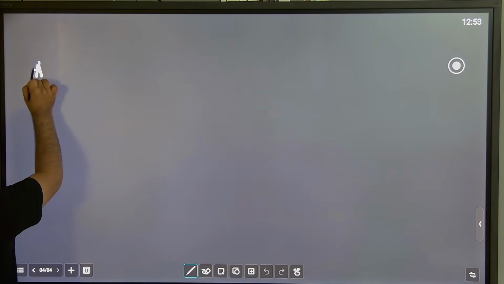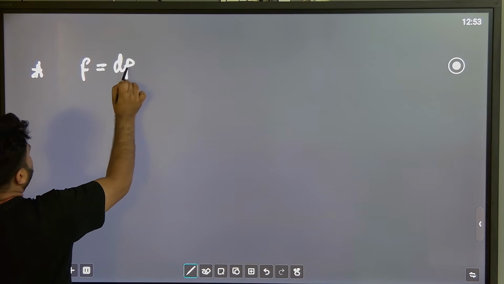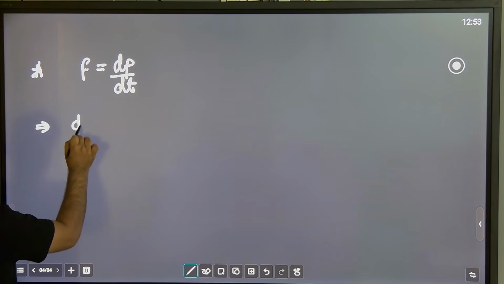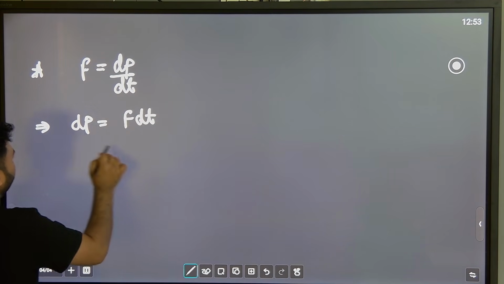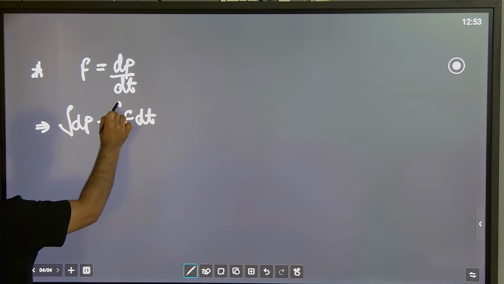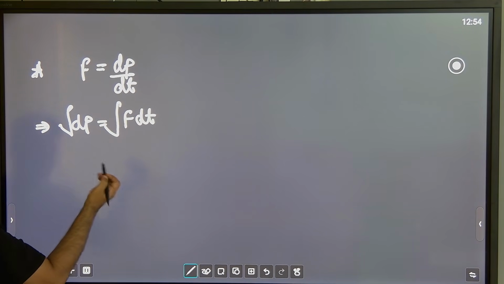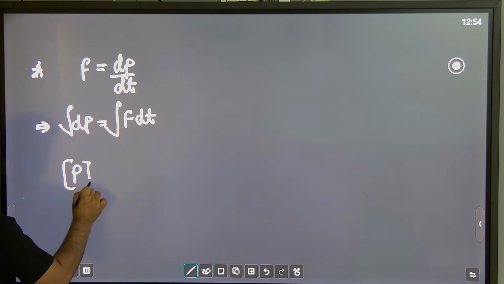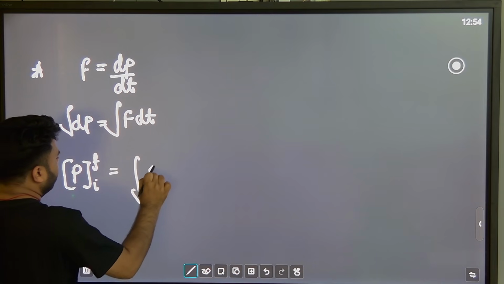Next. From the formula force equals rate of change of momentum, dp by dt, if I do cross multiplication, I can write dp equals f dt. If I integrate both sides, the integration of dx is x, so the integration of dp will be p from initial to final, and the integration of f dt.